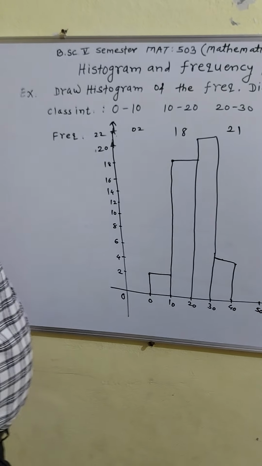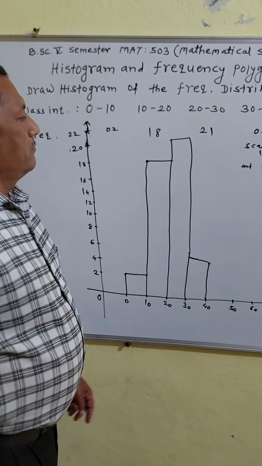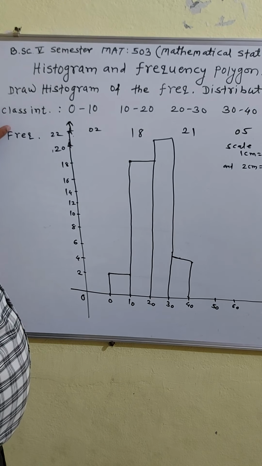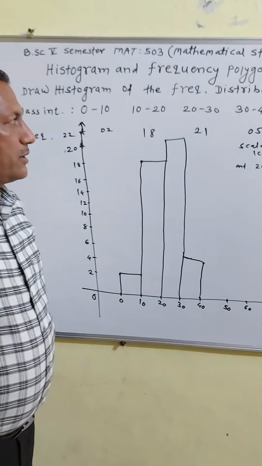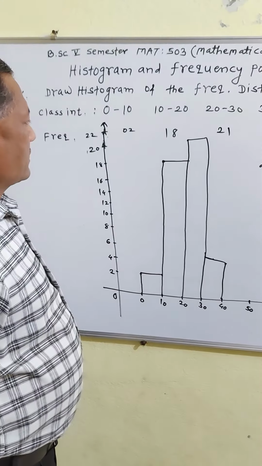Now if you draw a frequency polygon, here the class intervals are 0 to 10, 10 to 20, 20 to 30. These are the continuous class intervals.